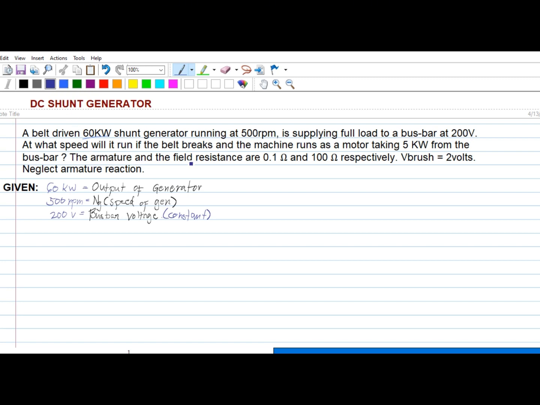The armature and the field resistance, we have R_F, R_A, and the V_brush, or the contact voltage of the brush. R_F is 100 ohms and 0.1 ohms for the armature resistance, and the contact drop voltage of the brush is 2 volts.